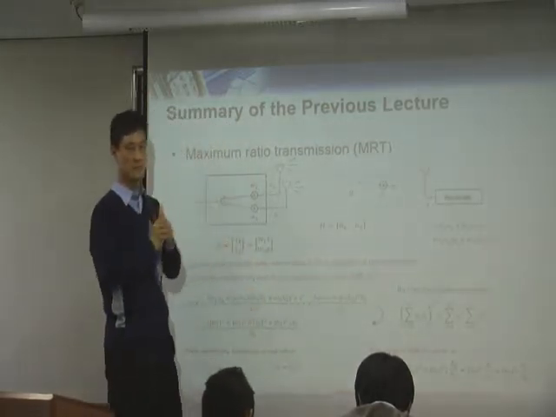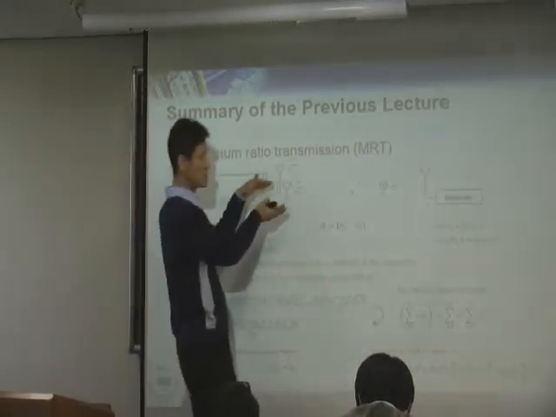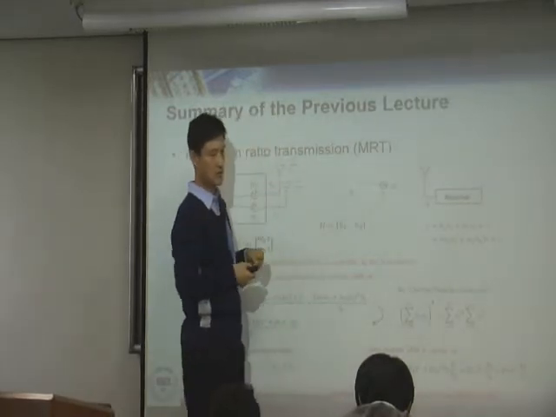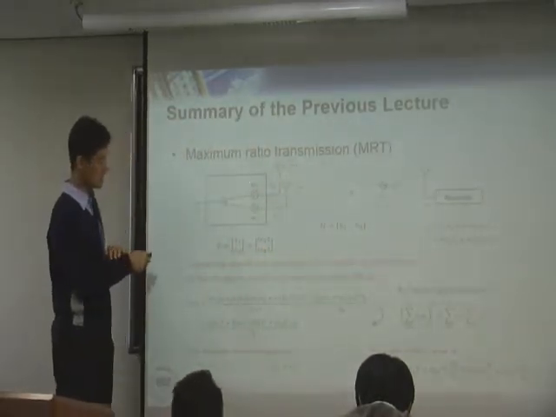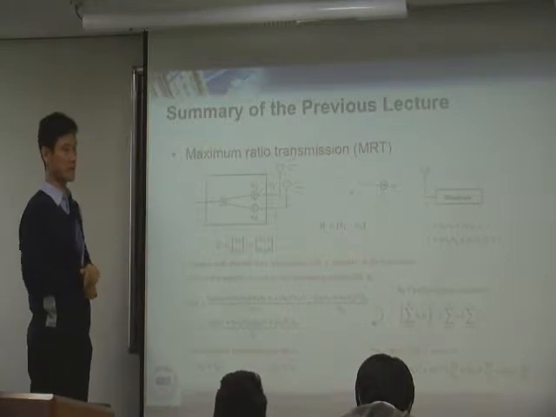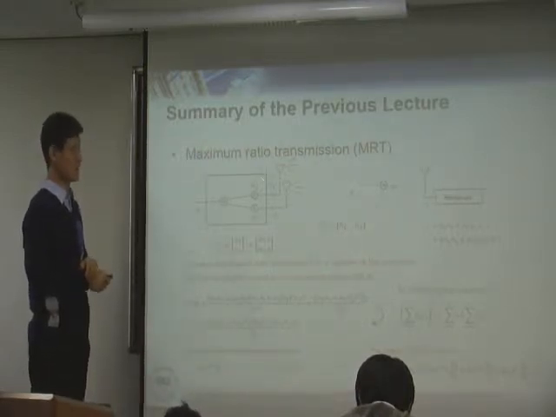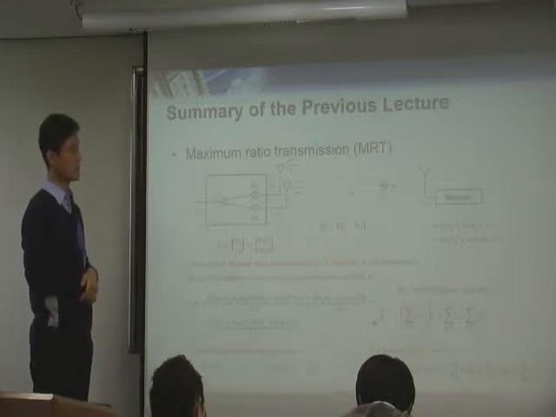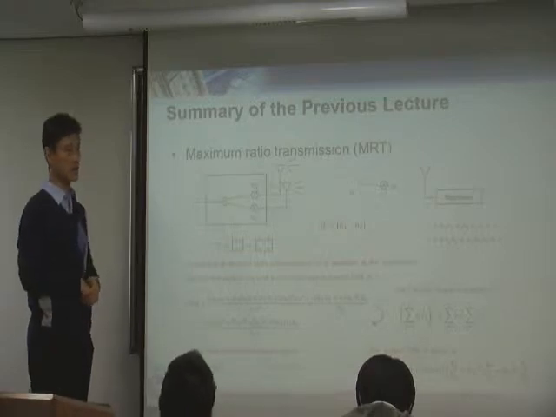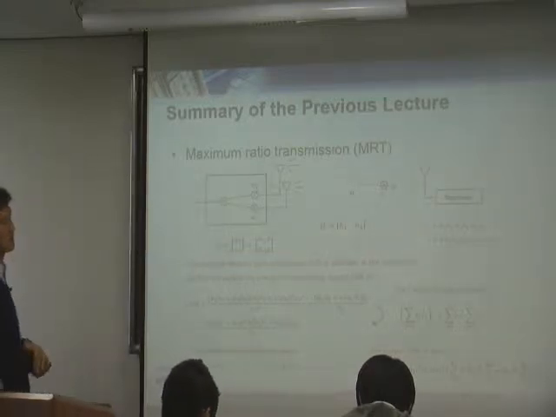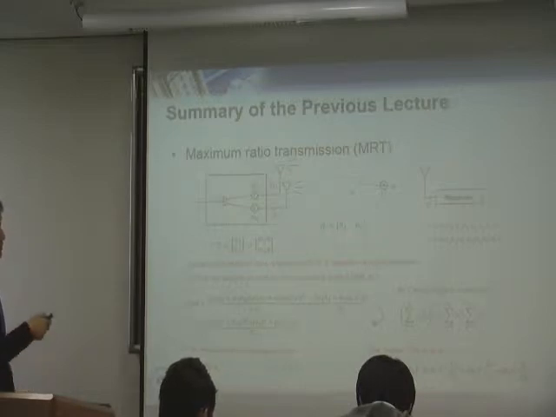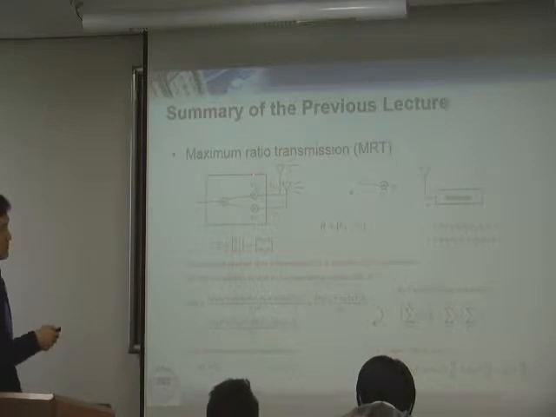So you are making a beam, and that beam is forming directly to the receiver. So this type of signal processing is called beamforming. In certain cases, beamforming, precoding, or pre-filtering are the same concepts. So this maximum ratio transmission is a part of beamforming. It's conceptually the same as beamforming.